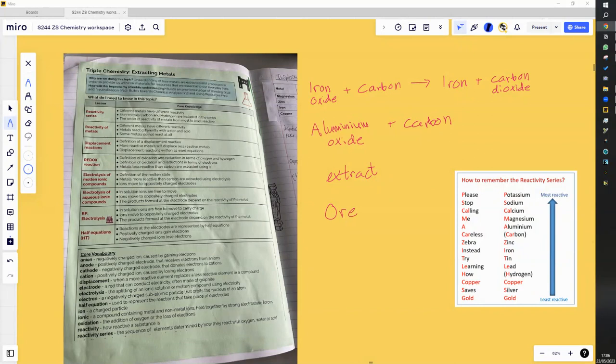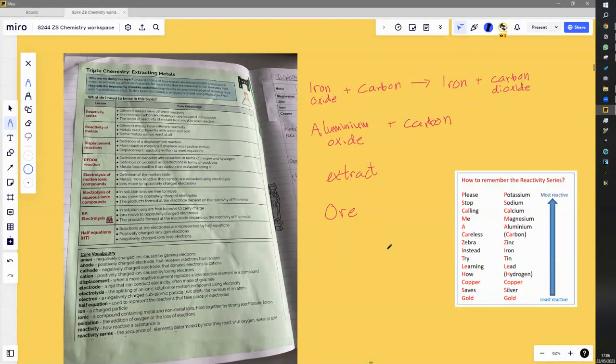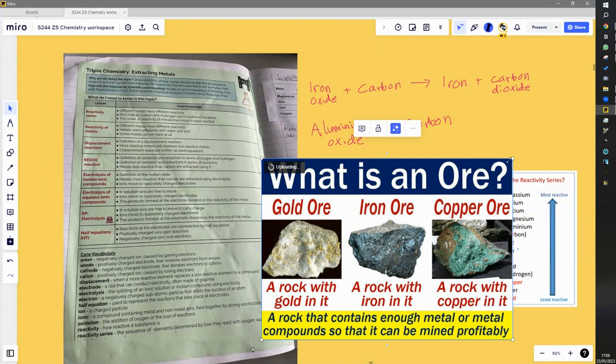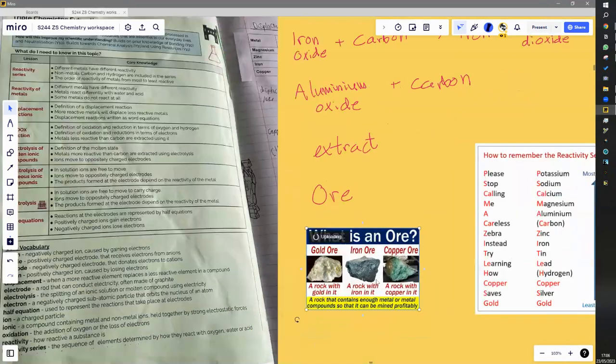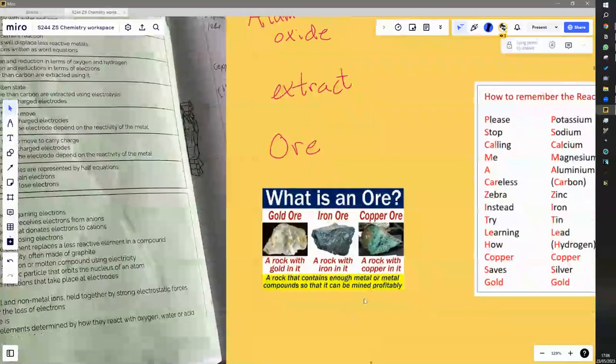the metal from it. So if I get some images of some ores, I'll put them on the workspace so we can see. Here we go. Now, an ore is a rock that contains enough metal or metal compounds so that it can be mined profitably.